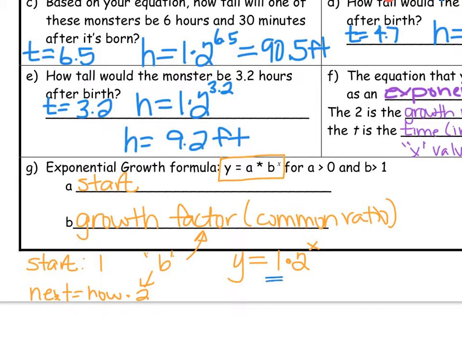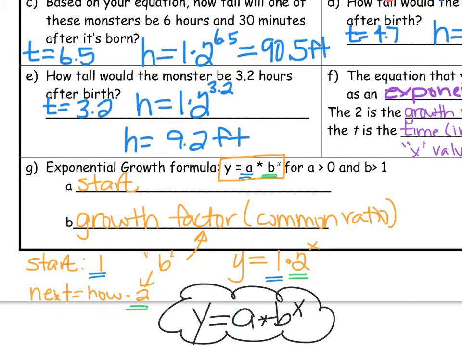So this one and this one and the letter a are the same. The b, or the growth rate, is what we did for our now next. It's our common ratio, and that goes right there. And then our x in this particular example is just time in hours. So this equation for an exponential function, y equals a times b to the x, you have to know this. That's the general formula for an exponential function.